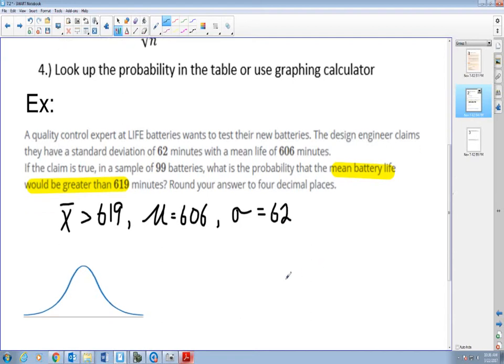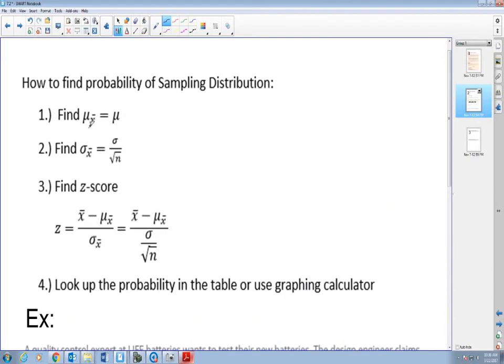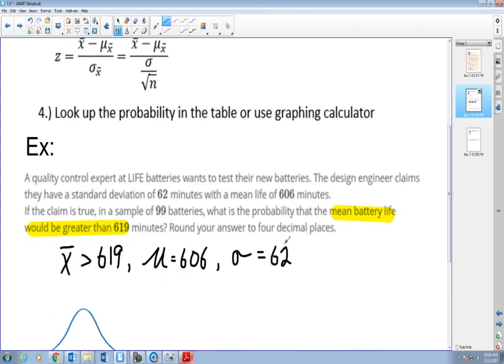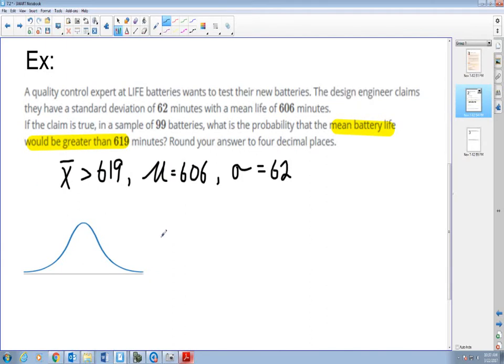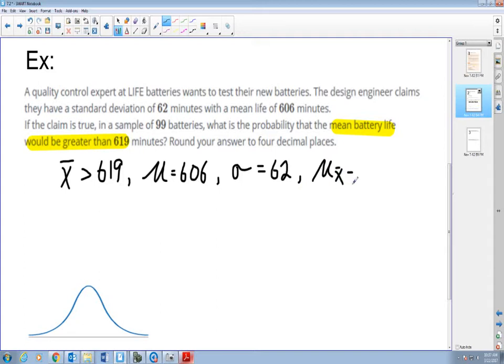As you can recall in my formula, the mean of the sampling distribution X bar will eventually become the population mean, which is still going to be 606.